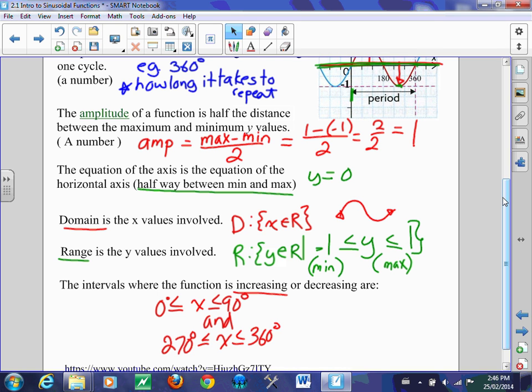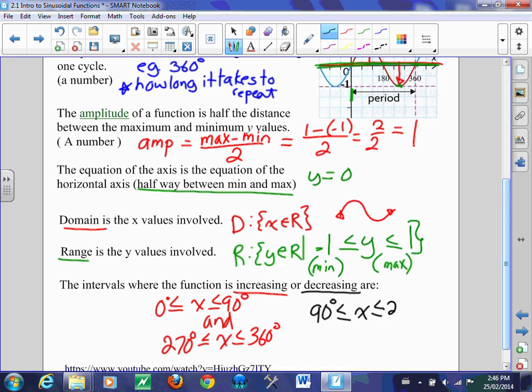When it's decreasing, ladies and gentlemen, that's when it's going down, and you'll notice from 90 degrees to 270 degrees, it's decreasing.